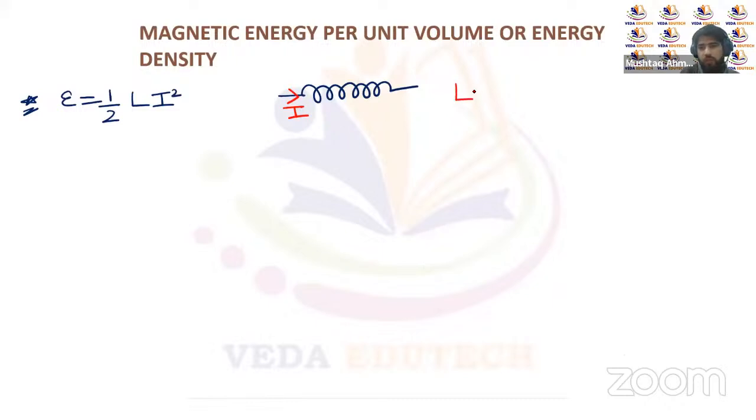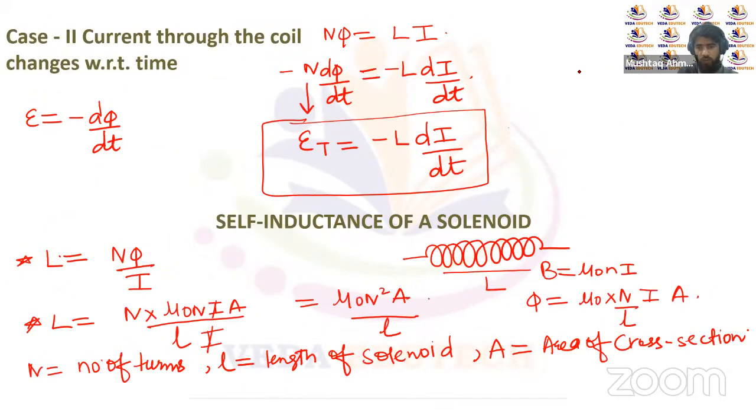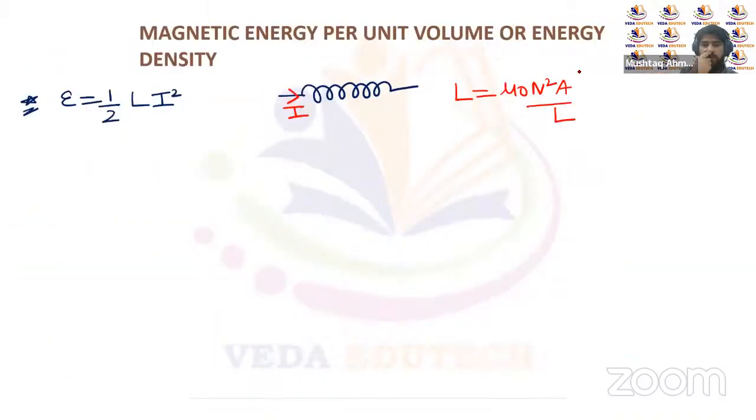Here l is the length of this conductor. So this is what we call the coefficient of self-inductance for this circuit.